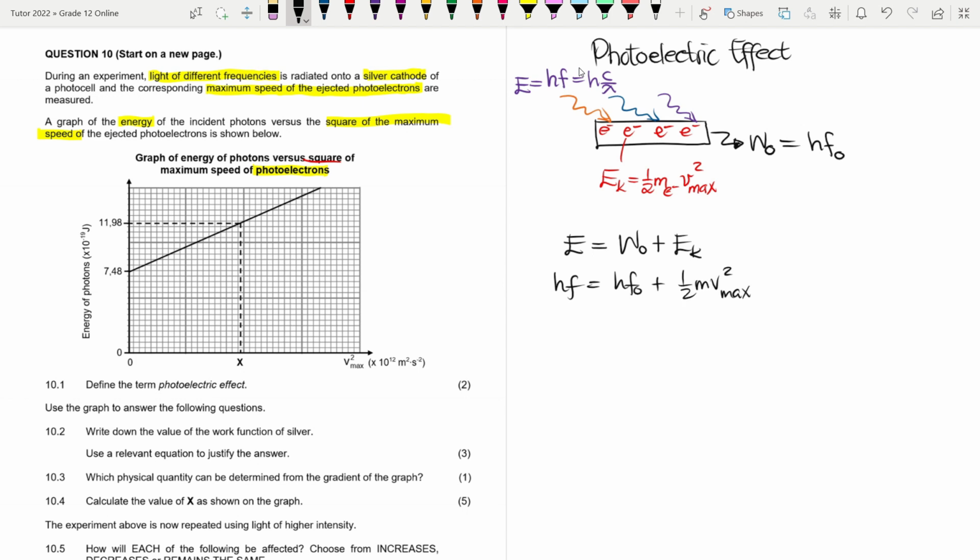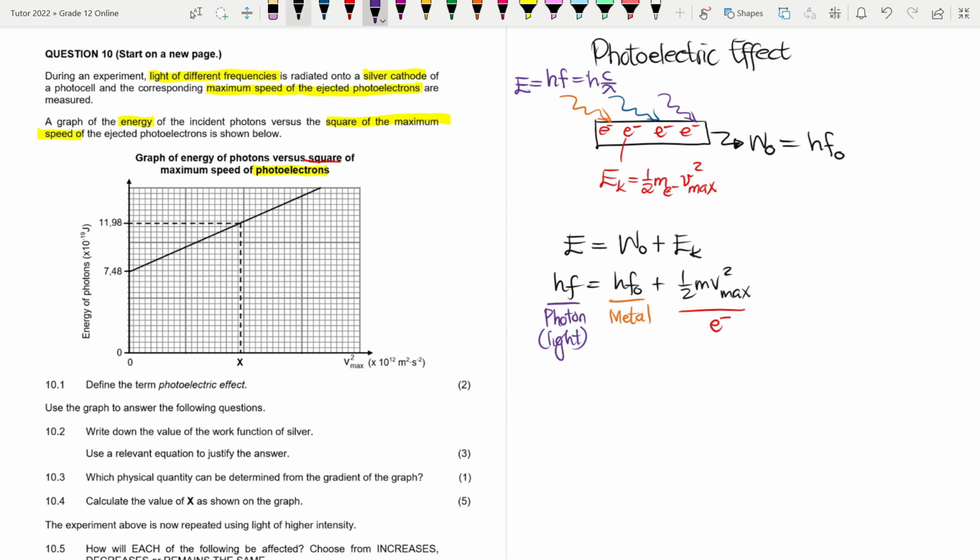So what's important to remember is this one is for the electron, this one is for the metal, and the other one is for the photon or light.